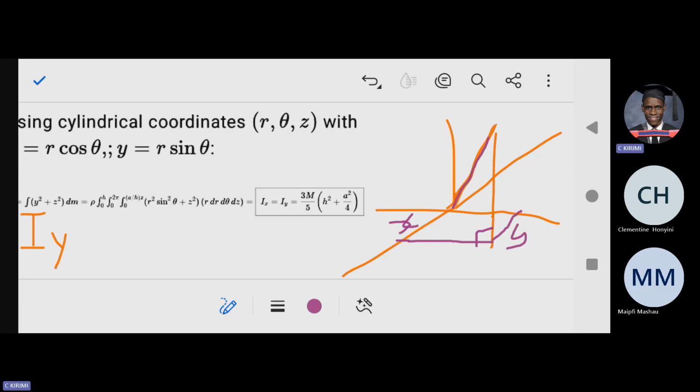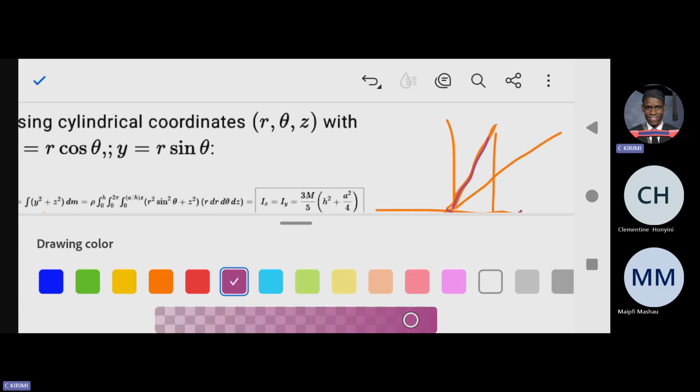If I want x as a relationship of r and the cos, we are saying the side that is opposite the angle theta. Remember we mentioned that at the base of the cone, we indicated the radius as r.